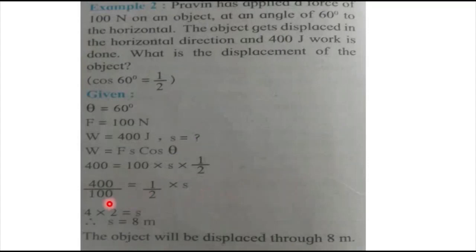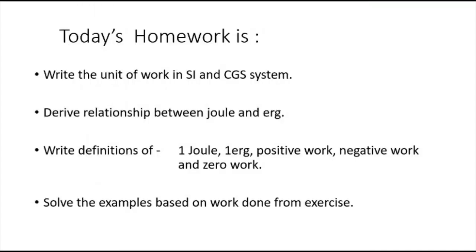Dividing both sides by 100, we get 400 upon 100 is equal to 1 upon 2 into S. Now cancelling zeros and passing 2 to the left side, we get 4 into 2 is equal to S. Hence, S is equal to 8 meter. Therefore, the object will be displaced through 8 meter.